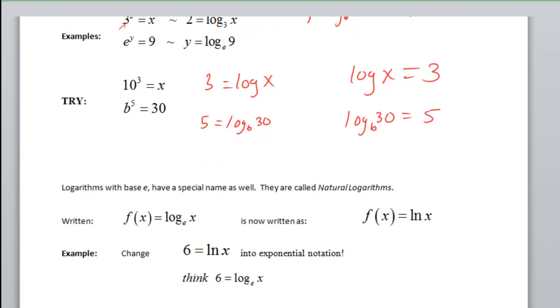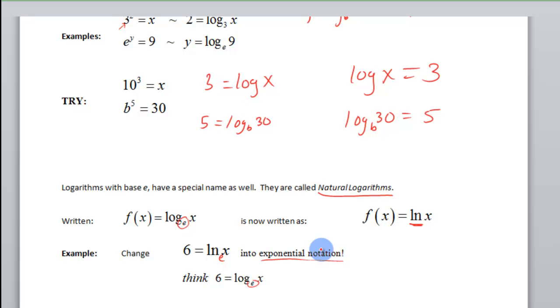Alright, look down here. We've seen this log base e, right? Log base e was in the previous example, and that is called a natural logarithm. There's another key on your calculator, ln. So if you see the little sub e, log base e, we now write it as ln x. If you look at a logarithmic equation like this and you want to change it to exponential, you should think of a base e down here. So it's just a notation switch. It just means log base e.